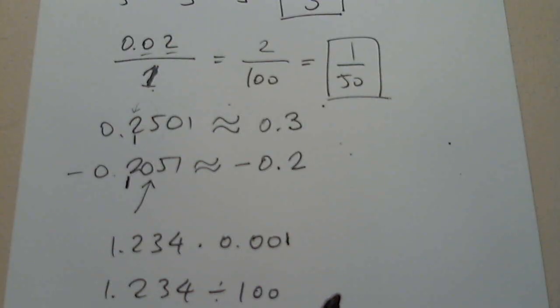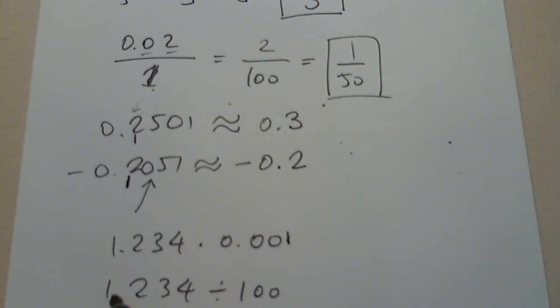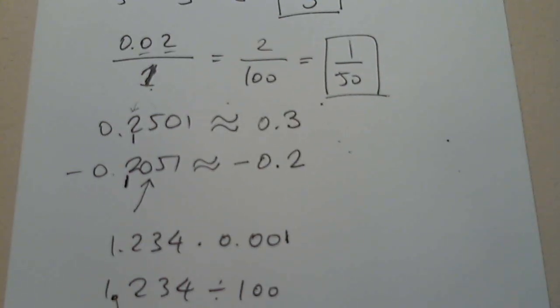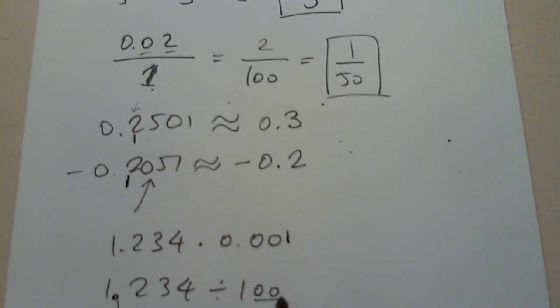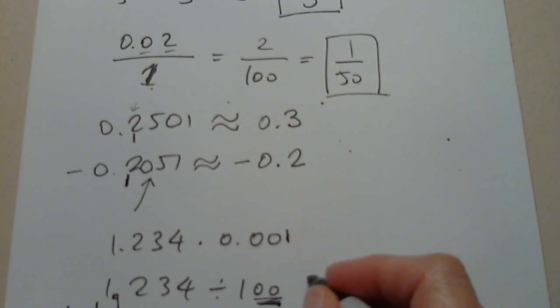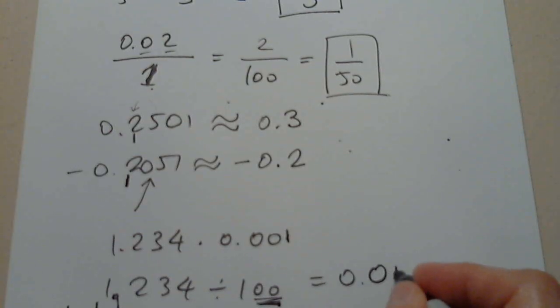Here's why I want to start with this. Because when we divide by 100, what we really do is move the decimal point 2 spots to the left. 1, 2, which means 0.01234.